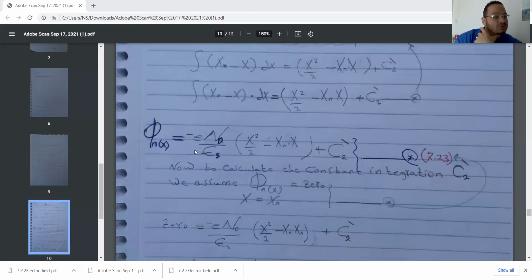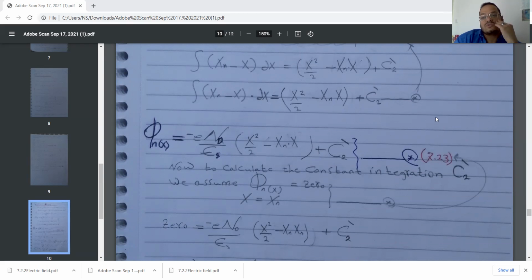It equals minus the donor concentration divided by the permittivity, between two brackets, x squared divided by 2 minus the width in the N region dot x, plus integration constant number 2. This will be equation 7.23.